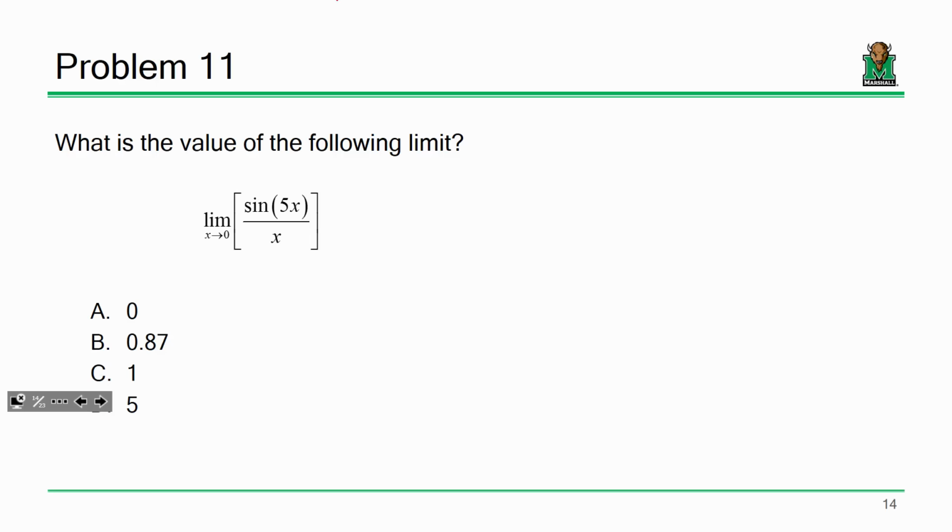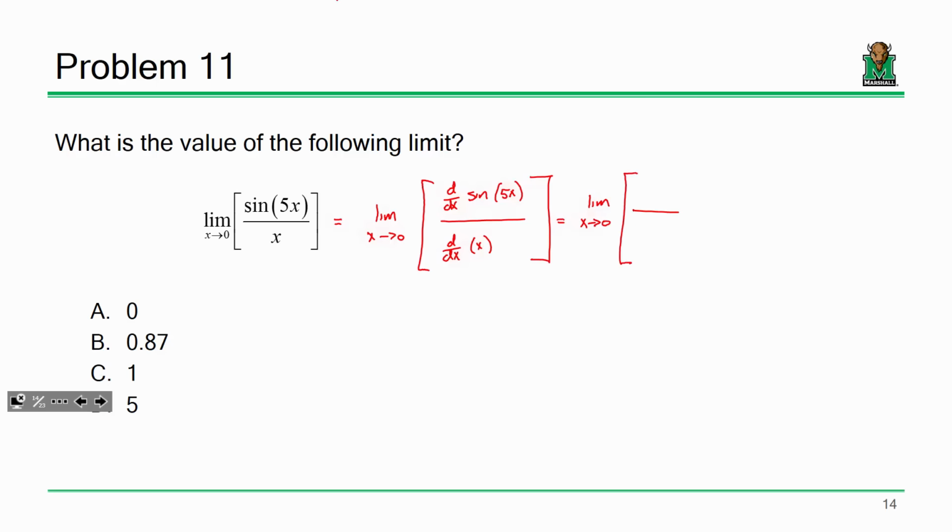So L'Hopital's rule tells me that I take the derivative of the top and then the derivative of the bottom. So this equals the limit as x approaches 0 of the derivative of sine of 5x over the derivative of x. What's the derivative of the top? 5 cosine 5x.